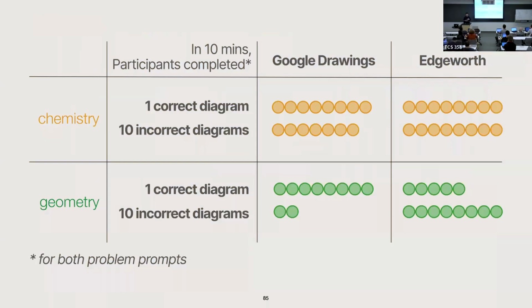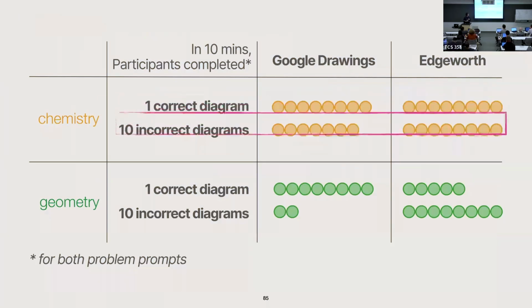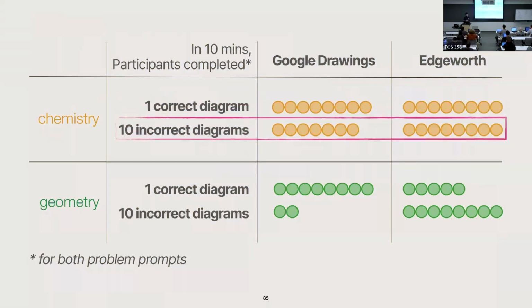Okay, so here are some task completion data. For chemistry, everybody got the correct diagram in time using both tools, and one person could have finished 10 diagrams in 10 minutes using Google Drawings.